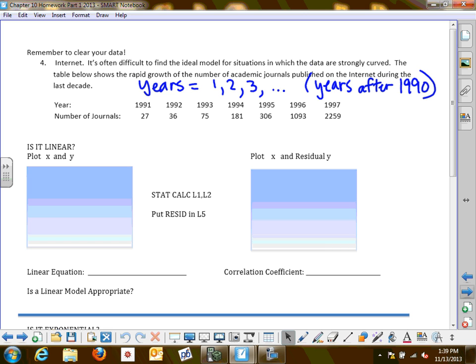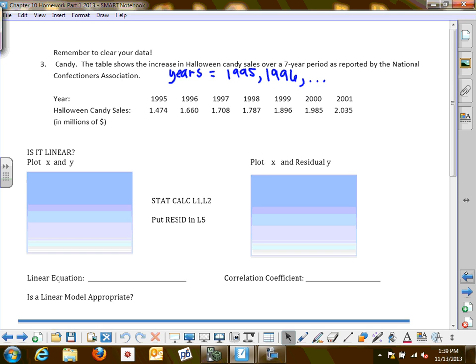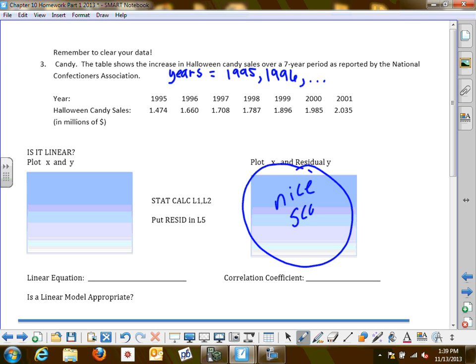One final thing. In 3 out of these 4 problems, it is better to do exponential. The exponential is a better fit than the linear. Still might not be perfect; the first one still kind of looks like it has a pattern, but it's better. On number 3, don't forget that if you have nice scatter in the residual plot for linear, then stop.